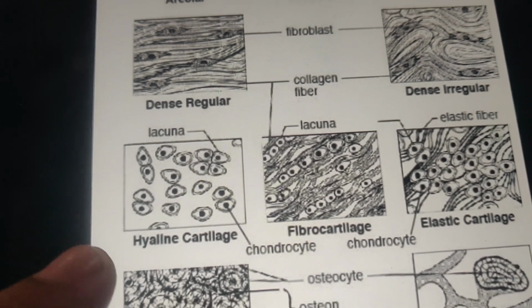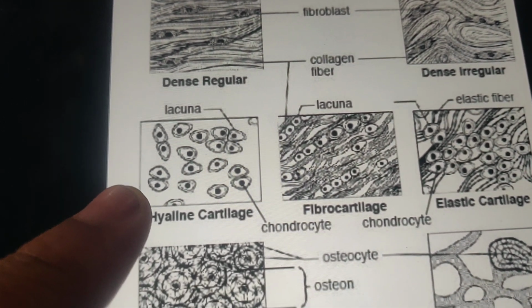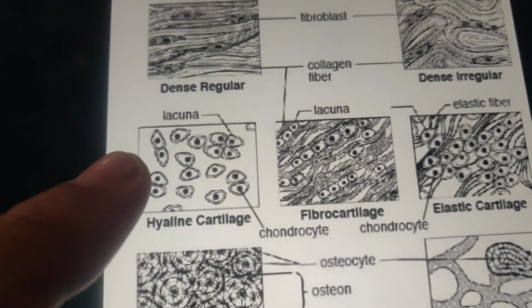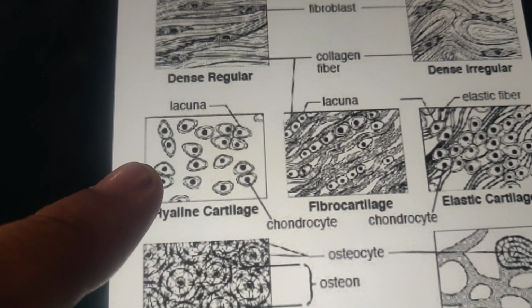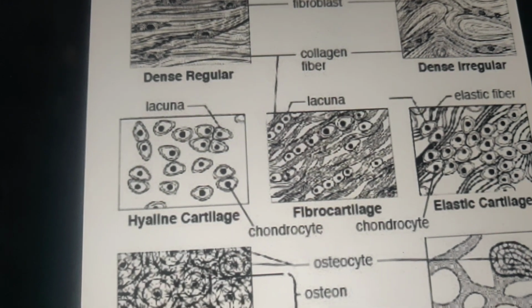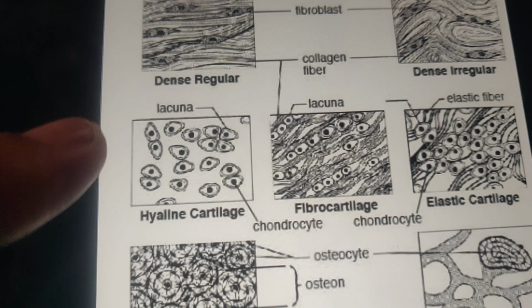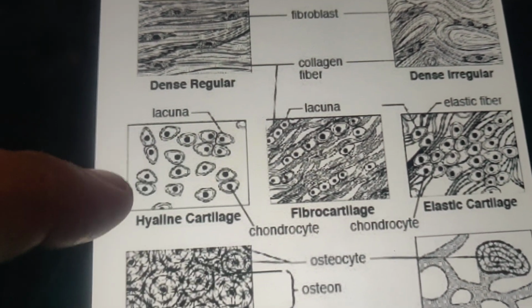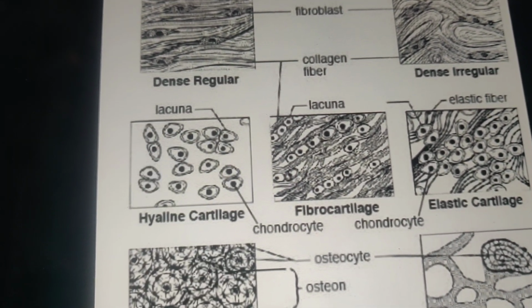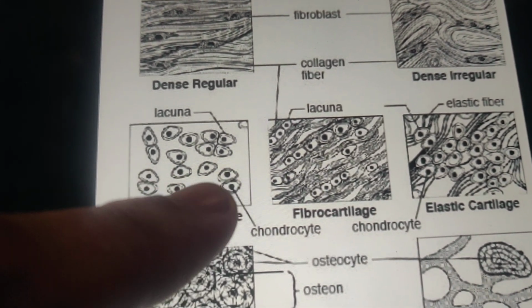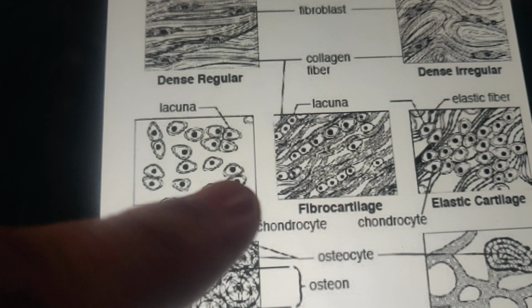First, coming to the hyaline cartilage. It appears as a smooth bluish white tissue. The chondrocytes are in small groups within cell nests.